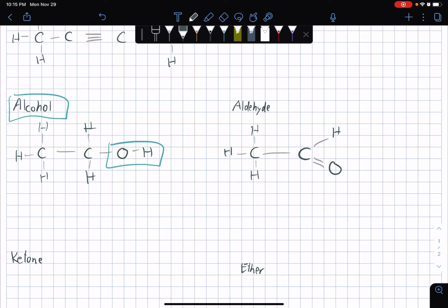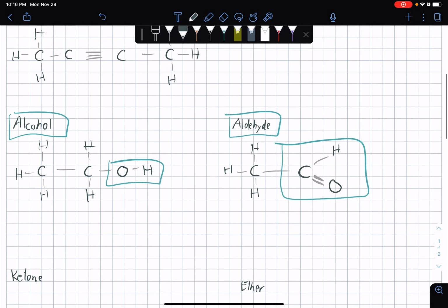We have hydrogen at the northeast, and at the southeast, we have oxygen, which is bridged with a double bond. So one thing we have to remember in terms of aldehyde is this part of the structure.